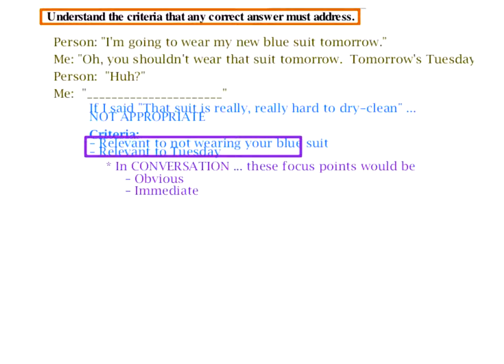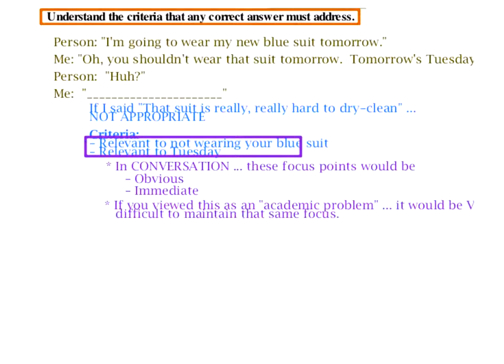But if you made the mistake of viewing this as an academic problem, which is unfortunately the way a lot of people approach critical reasoning, it would be very difficult to maintain the same focus. It would be very, very hard to maintain.